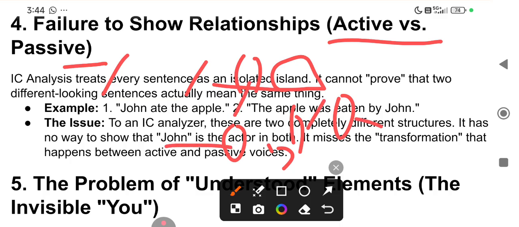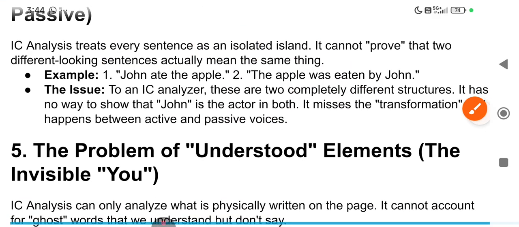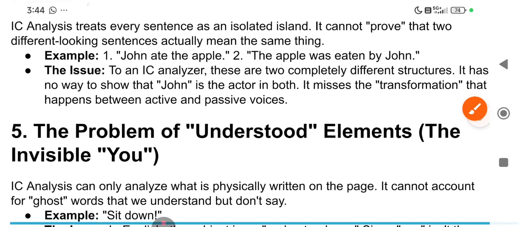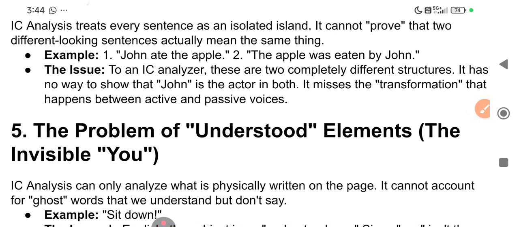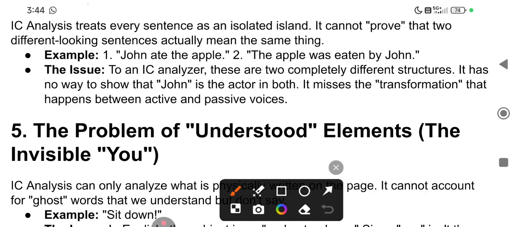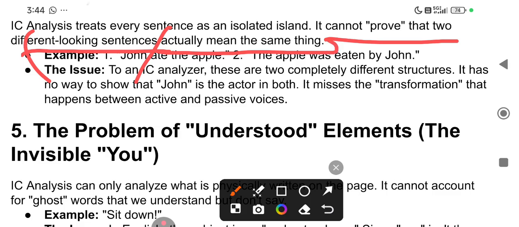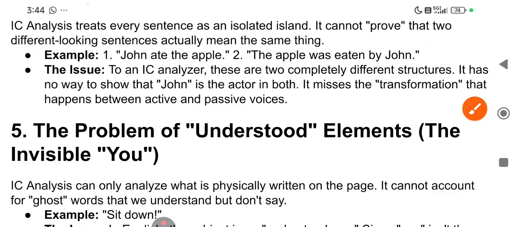Every sentence is separate. It cannot prove that two different looking sentences actually mean the same thing. How? Let us see.